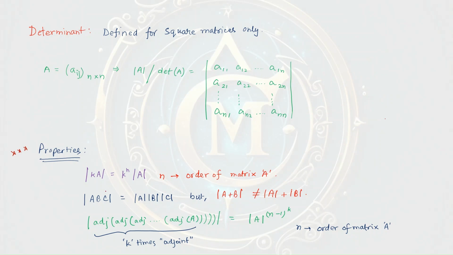Now coming to the properties, the determinant of kA is k to the power n times the determinant of A, where n is the order of matrix A. So the determinant goes like this.